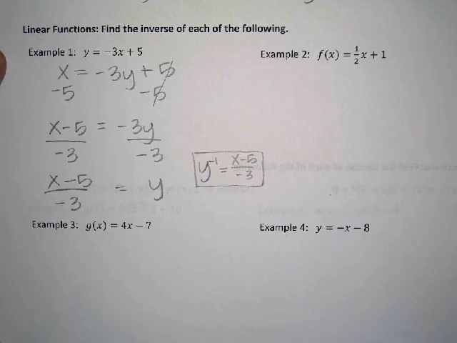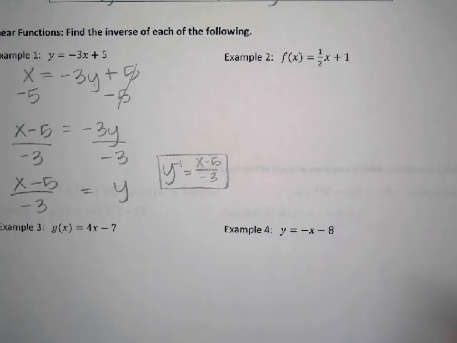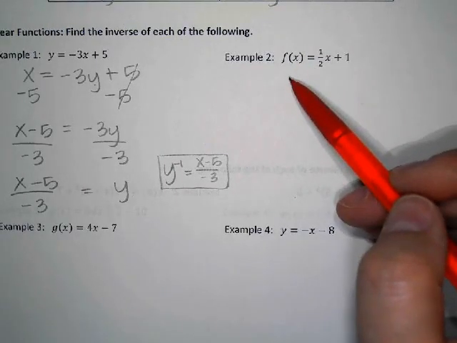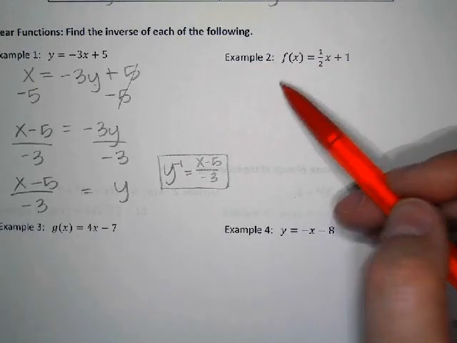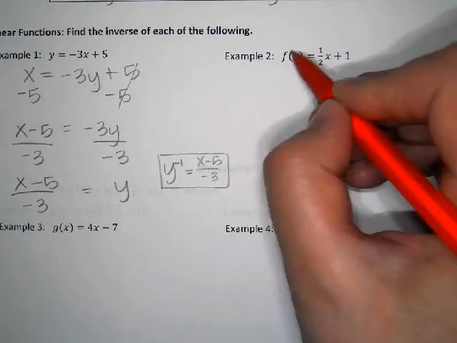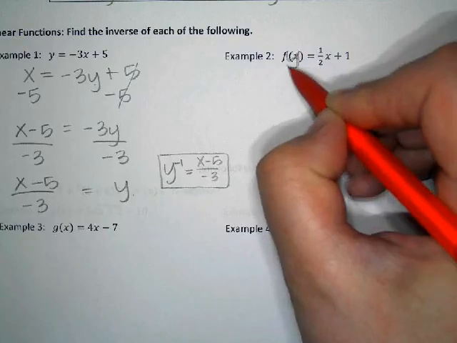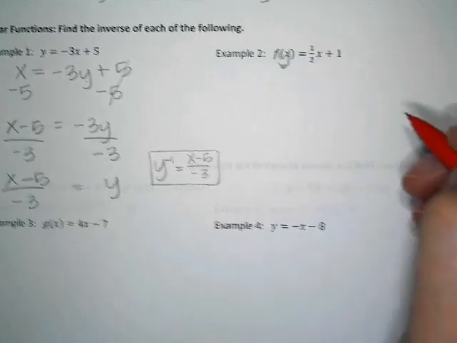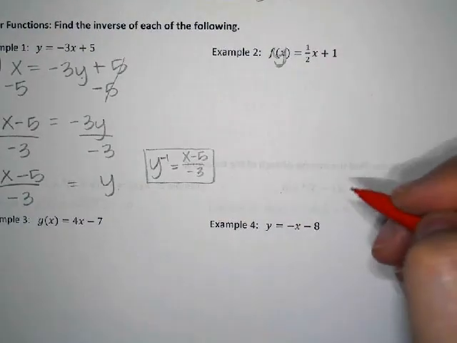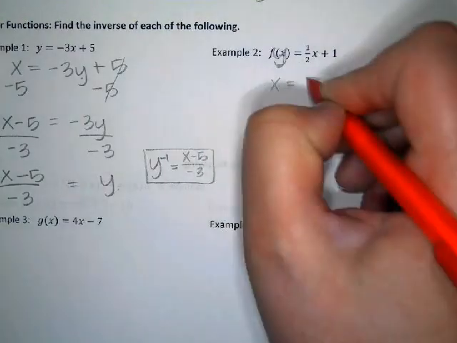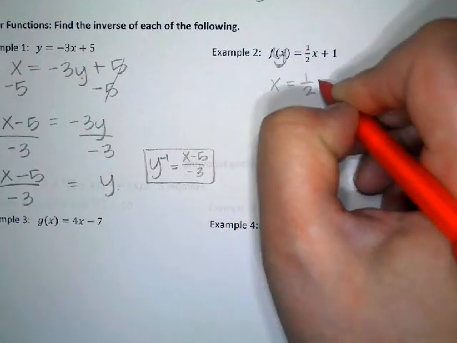Okay, let's try the next one. f of x is just another way of saying y equals. So in this problem, I'm going to think of f of x as being a y value. Again, the first thing I'm going to do is trade the x and the y. So x equals 1/2 y plus 1.